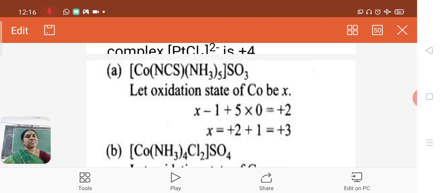If you simplify this, we get X - 1 + 5 is equal to +2. When we calculate the value of X, we get X is equal to +3. Therefore, the oxidation state of cobalt is +3.